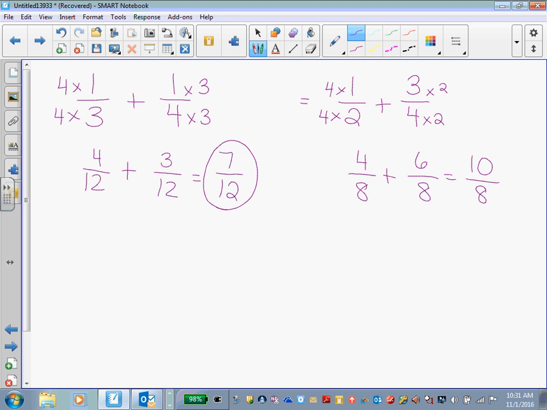Now, when our numerator is bigger than our denominator, it's called an improper fraction. What do I do with this improper fraction? Haley. You see how many times the numerator will go into the denominator, and that would equal a 1.